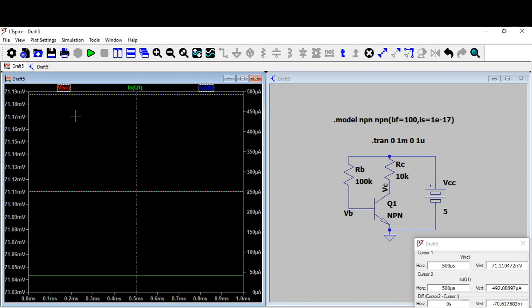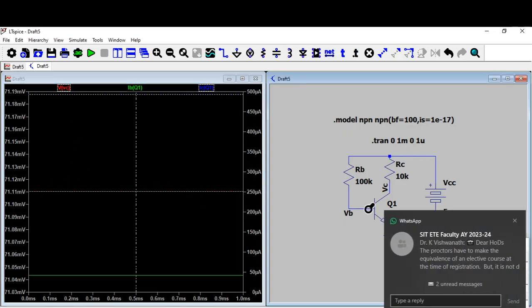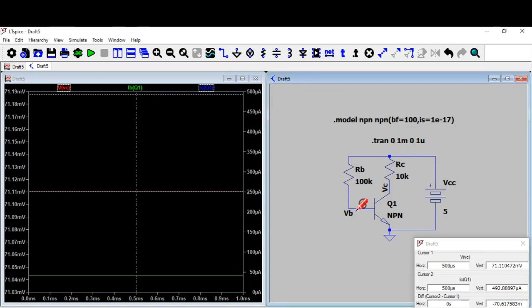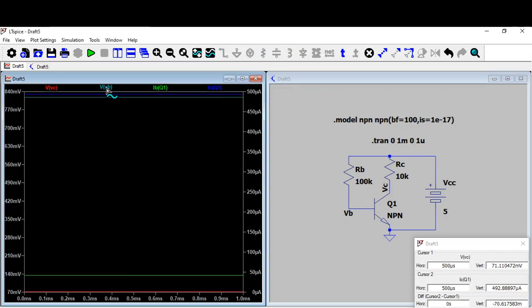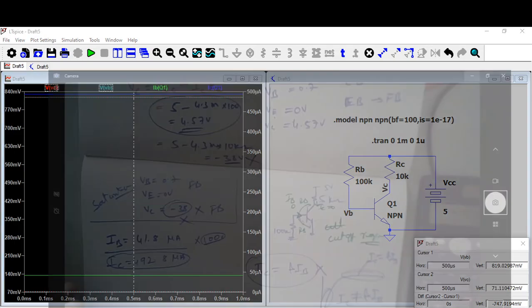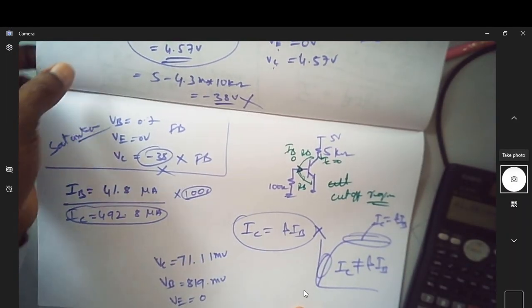VC is 71.11 millivolt. What is the voltage at base? The voltage at base is 819 millivolt, and of course the voltage at emitter is 0 volt. Now with these specifications, what's your conclusion?